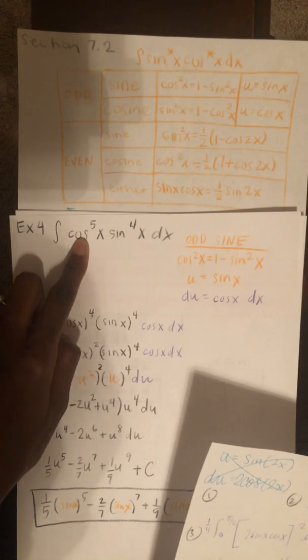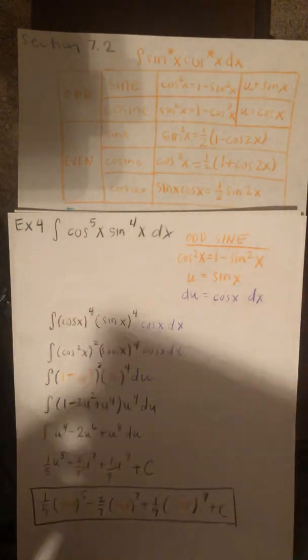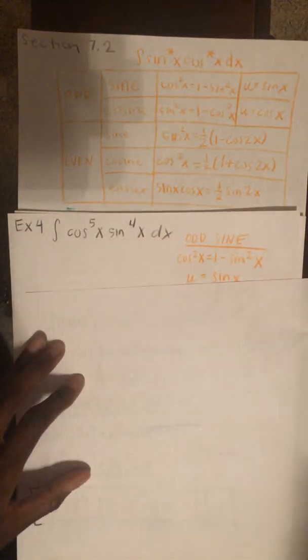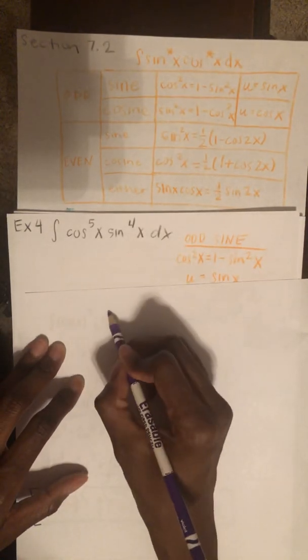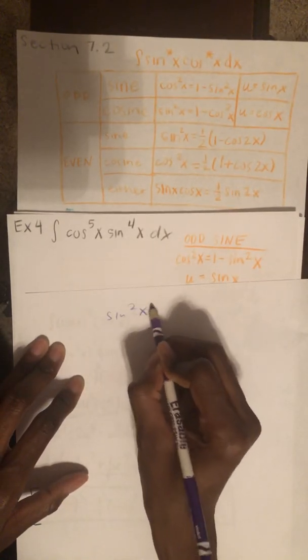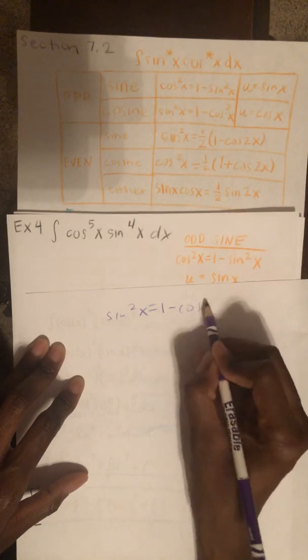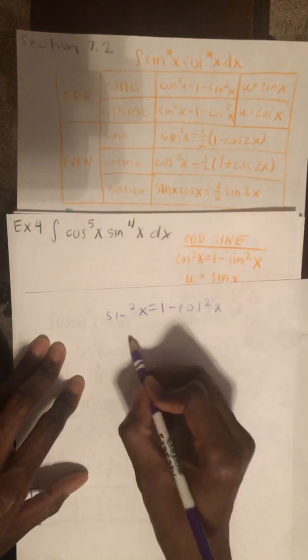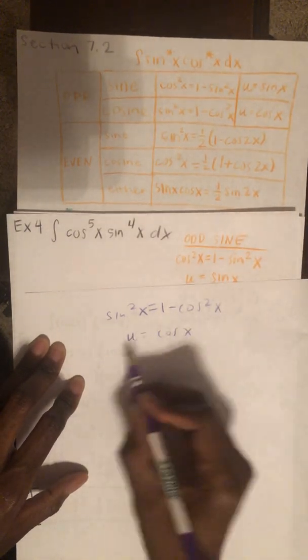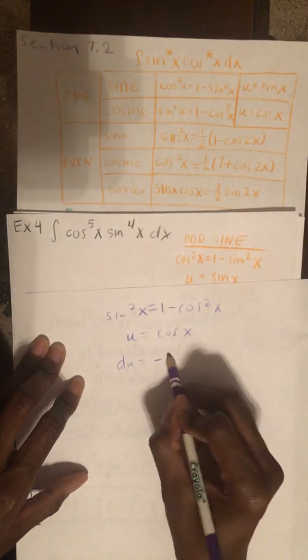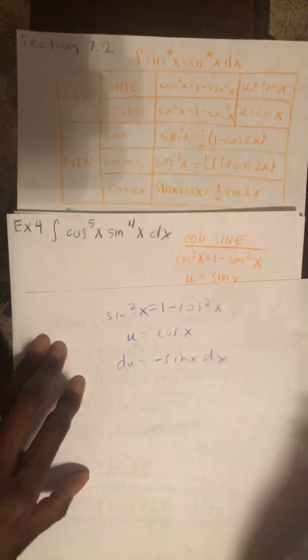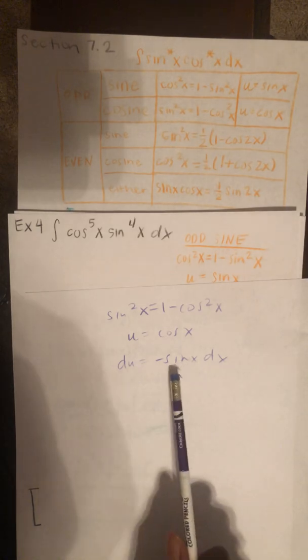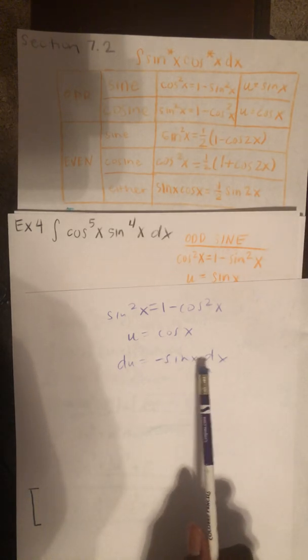So if we were to do that, we'd end up with sine squared x equal to 1 minus cosine squared x. We'd have u equal to cosine x. And then our du, if we take the derivative, would be negative sine x dx. So our goal would be to pull out a negative sine x dx from here.